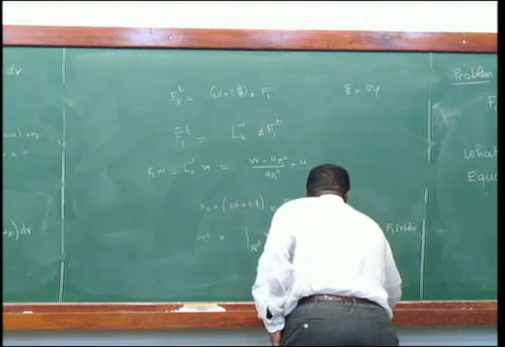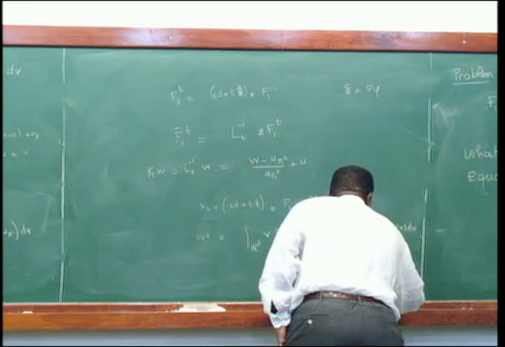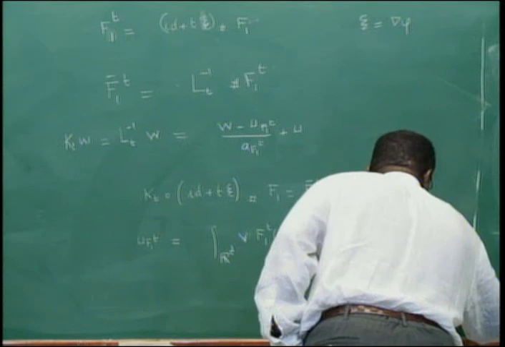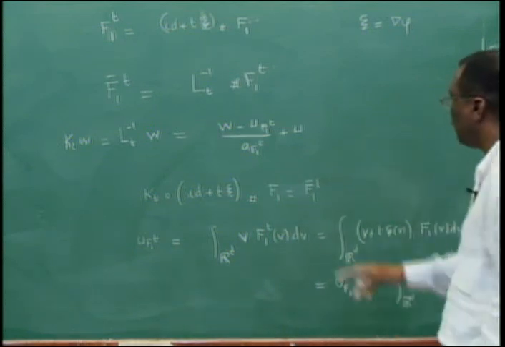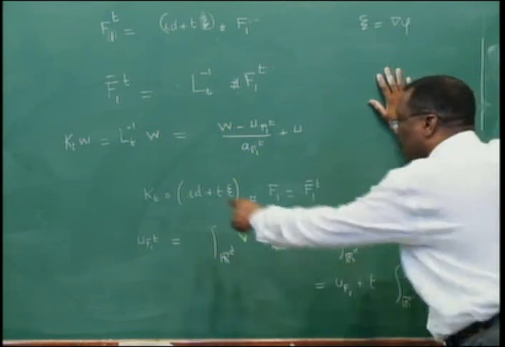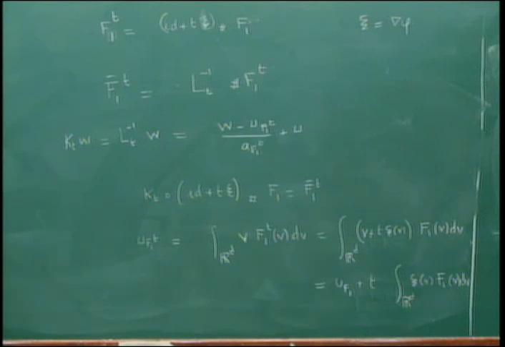So this is u_f1 plus t times the integral over R^d of psi of v f1 of v dv. And you do the same thing for theta f1. So you obtain a map which will be a polynomial of degree 2 in t. You plug that in the entropy, you plug that in the Wasserstein distance, you have an expansion of order t, and we tell you how to differentiate.